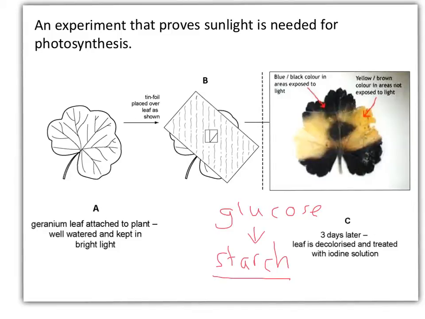So what we can see here is only the parts that were exposed to the light have photosynthesised and produced glucose, which was converted into starch. And we can tell that starch is there because when we tested it with iodine solution, it turned black.